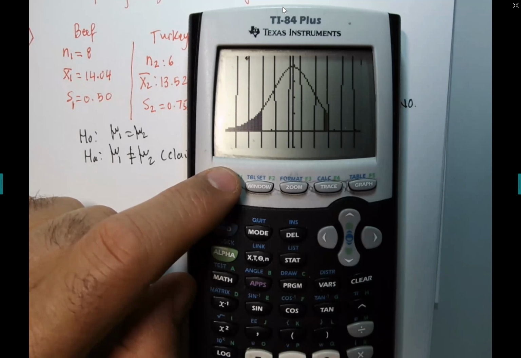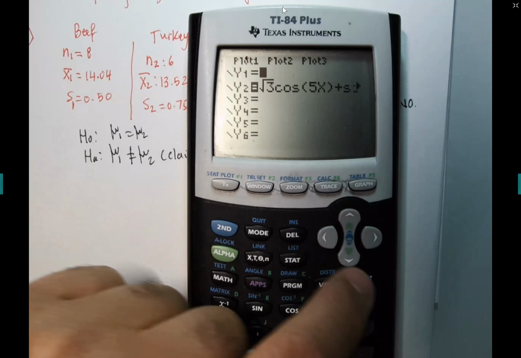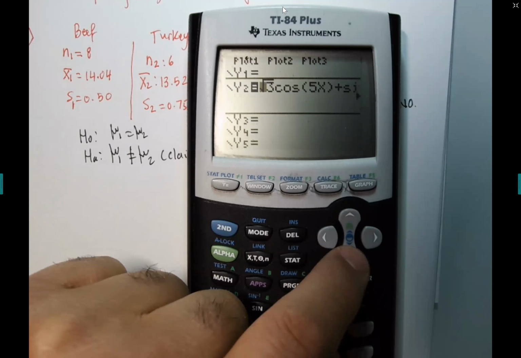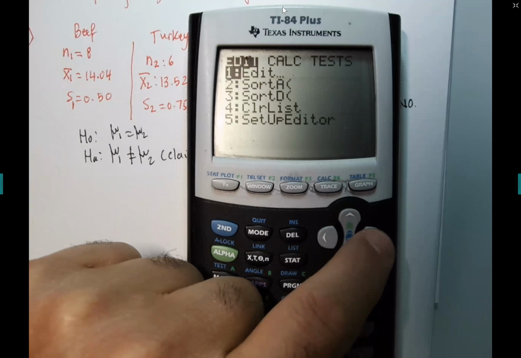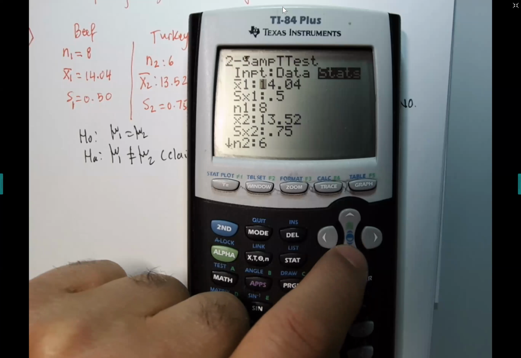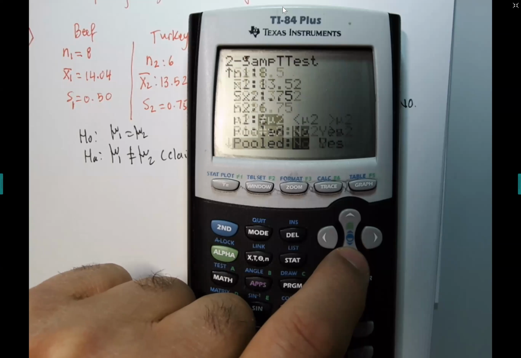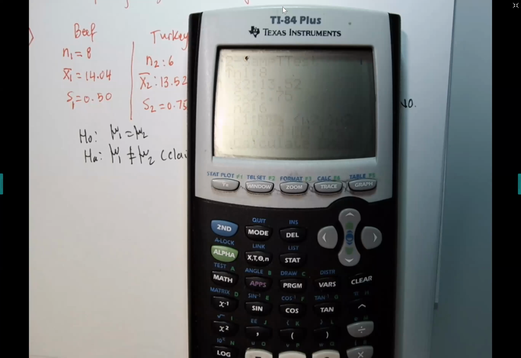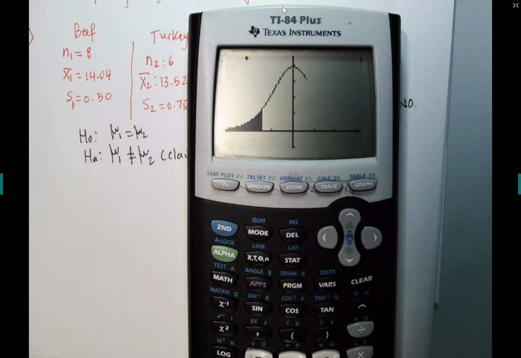Ignore the first one, that shouldn't show there. If I go to stat now, I can show it to you. I shouldn't see the other graph. When you see too much shading, guys, the p-value is going to be big. You're going to fail to reject H0. Remember, p-value low, H0 must go.